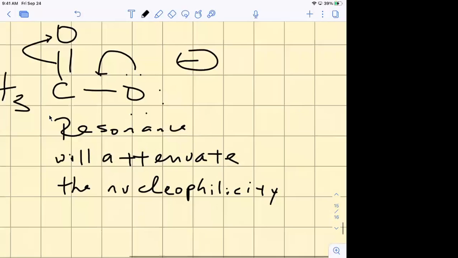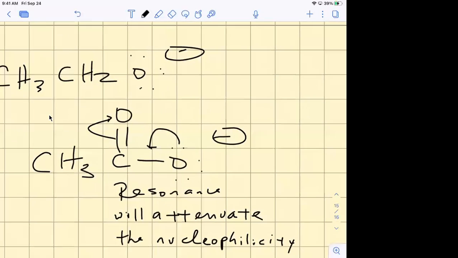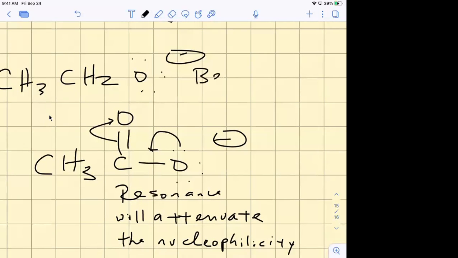Right, the fact that those electrons are tied up in resonance, this is going to be better. Does that make sense? Yes. If those electrons are doing resonance, then they're not going to be as available to donate to an electrophile.